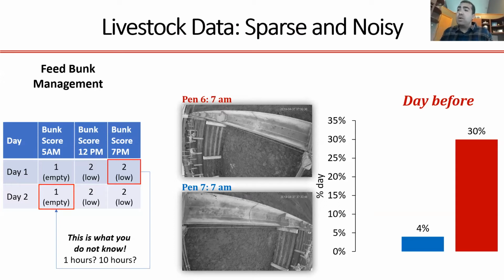So if I take a decision based on the snapshot in the morning and adjust the feed delivery that day for pen 6 and pen 7, I will probably make a mistake, because what I need to adjust for one pen is not what I need to adjust for another pen if I look at real-time data for the last day.